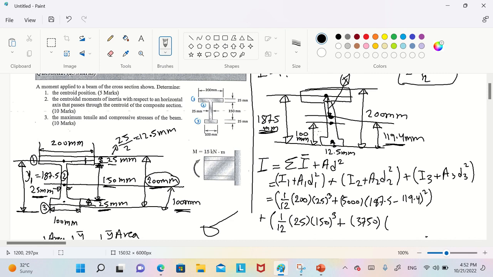Now this 100 is the distance between the center of the second to the ground, and 119.4 is the center of the whole to the ground. Now you need the distance between the two centers.